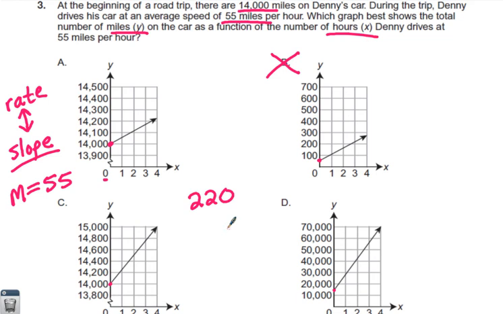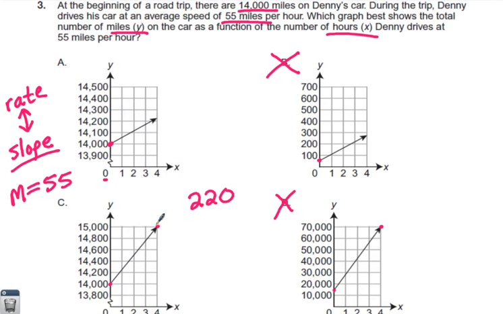So looking at choice D, oh my goodness. After 4 hours, our total miles is 70,000. Yeah, no. Choice C, after 4 hours, we'd be up to 15,000 miles.